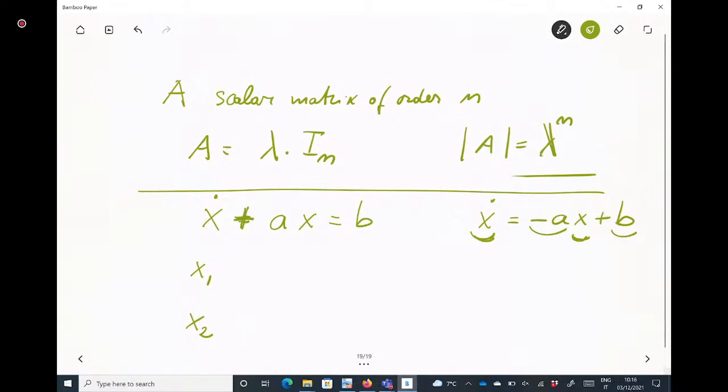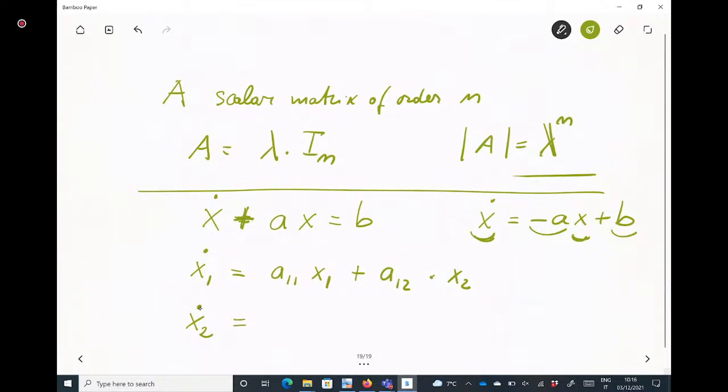So there is a joint effect. So x dot 1 would be equal to some coefficient times the state of x1 plus another coefficient times the state of x2. So both x1 and x2 affect the evolution of x1.